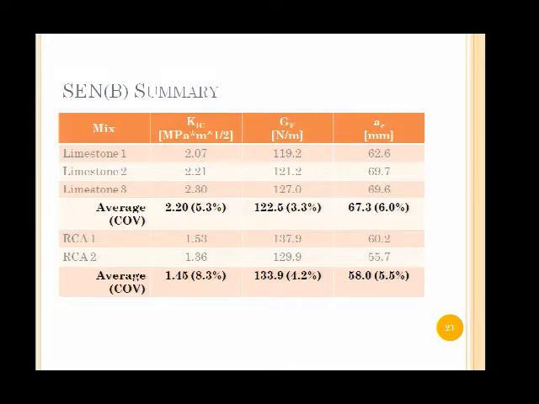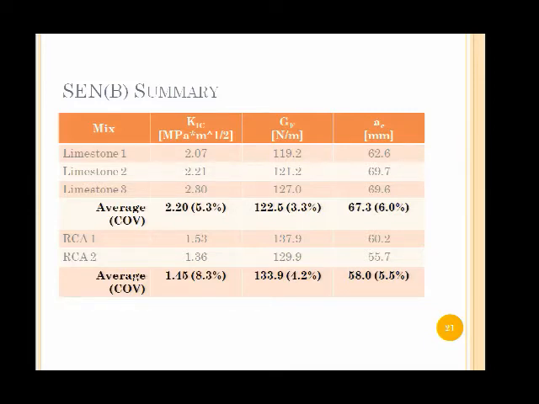And we have a limestone mix and a recycled concrete aggregate mix. And there's definitely a difference here. And actually the COVs, even though there's only 2 values here, are fairly low. They're reasonable for this type of test. There have been numerous papers to determine the statistical validity of these values, and came out that these COVs are perfectly okay.